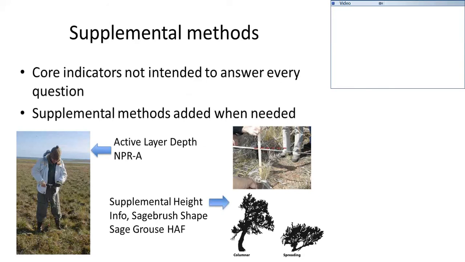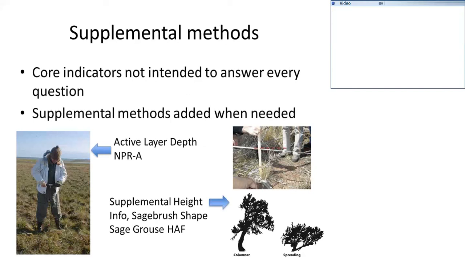Supplemental methods, we've gone over this several times today. The core indicators are not intended to answer every question, and you should supplement to get the additional data that you need to answer the questions that you have. 2 examples. Tina gave the example in the North Slope, active layer depth, inserting the probe into the ground and measuring that.